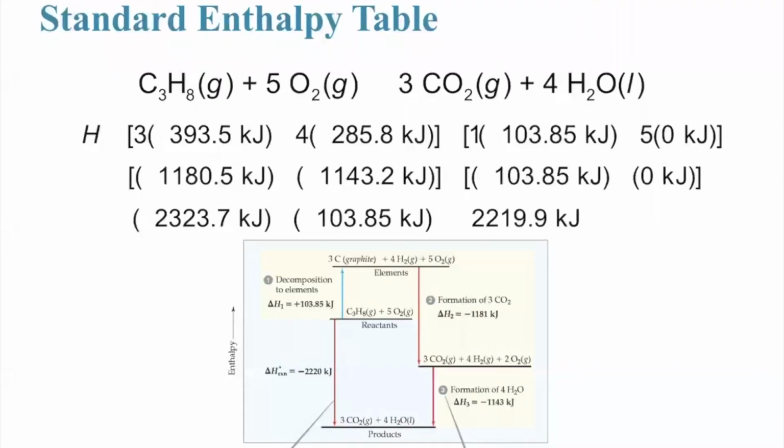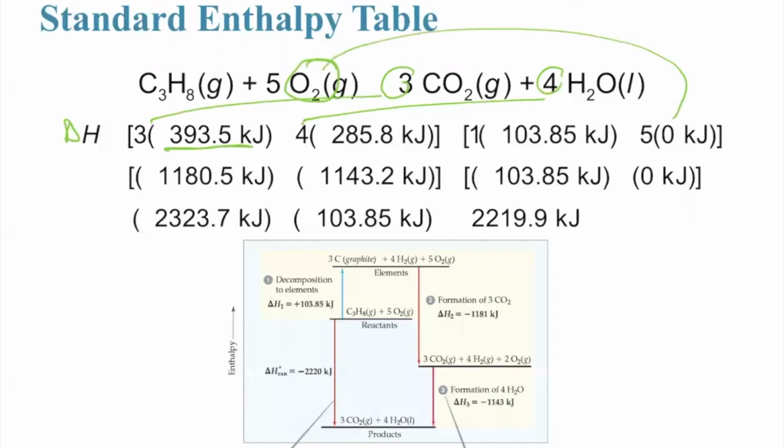So here's another method. Notice here, this is the delta H of the reaction. The 3 comes from there, which was given in the book. The 4 is from water. Notice here you have oxygen, and it's 0 because it's an element in its standard state.